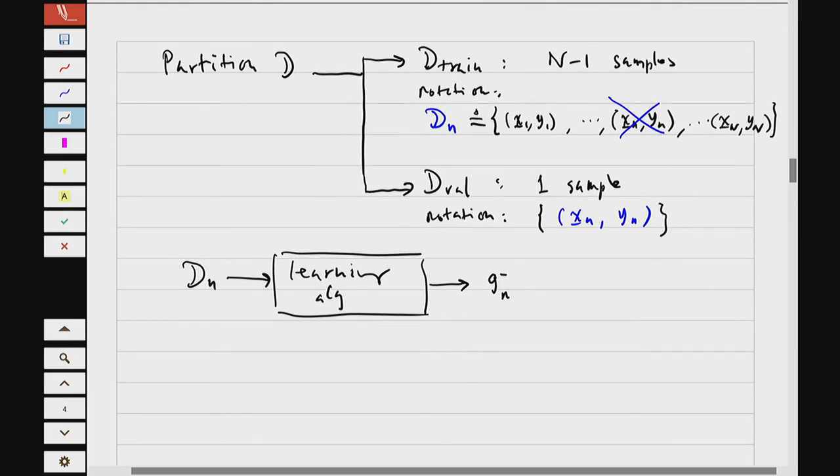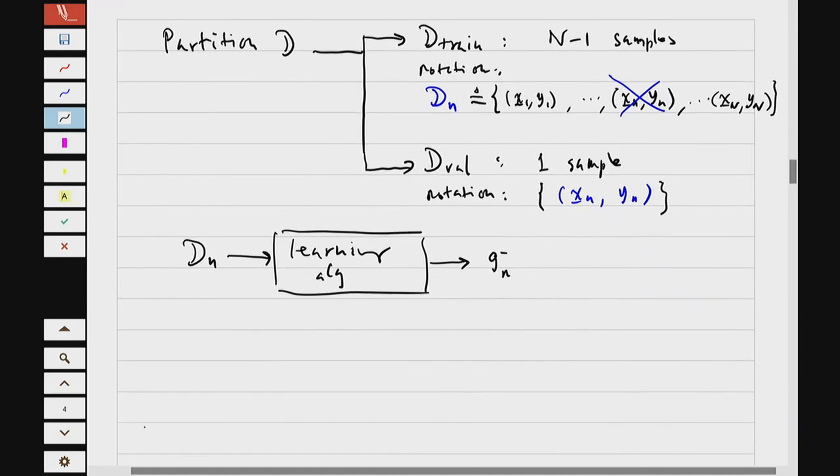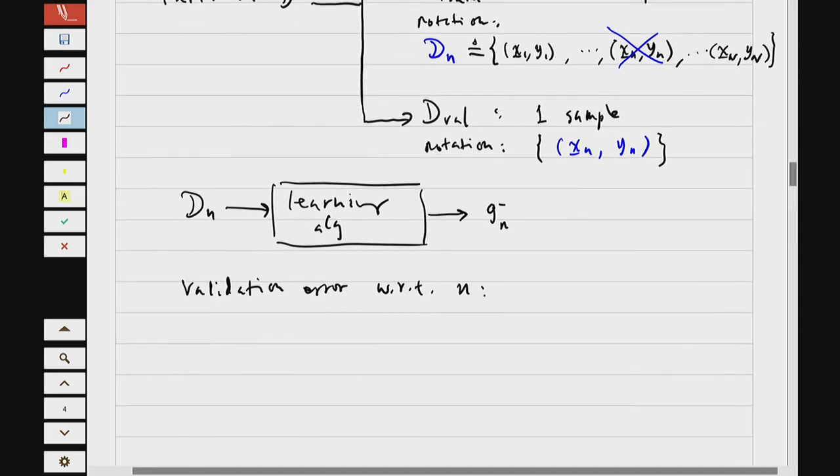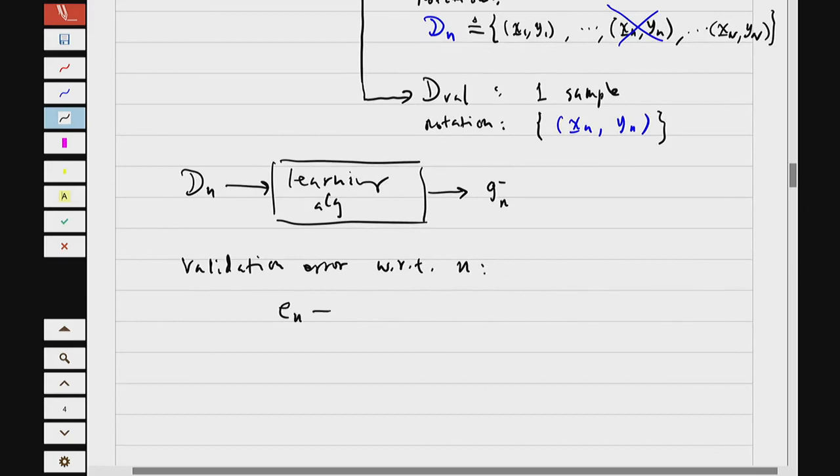Of course, this will not work very well if you do it just once. One data point is not good enough for validation. The idea is that you will do this n times and take the average. So the validation error for this 1 point, with respect to data point n, we denote by en.